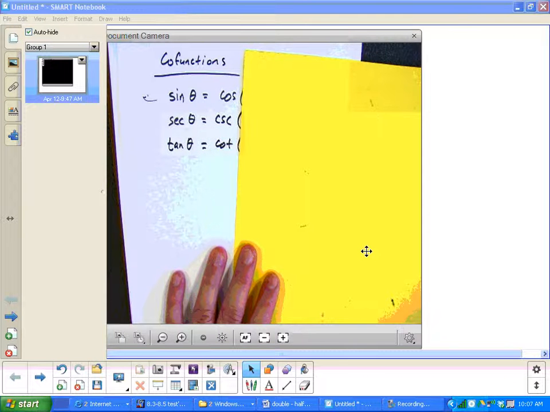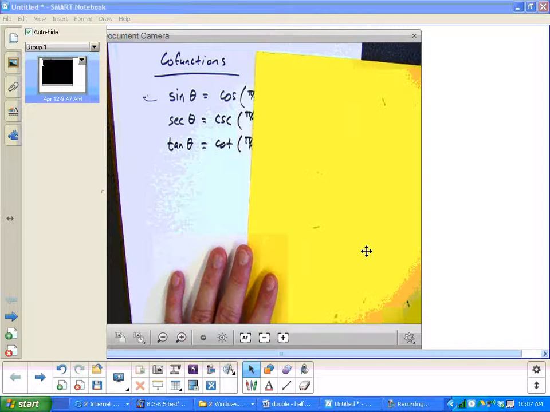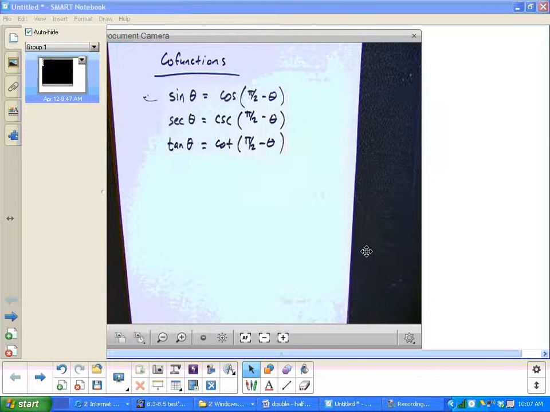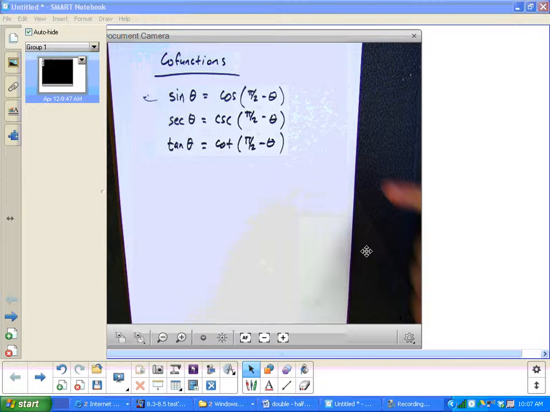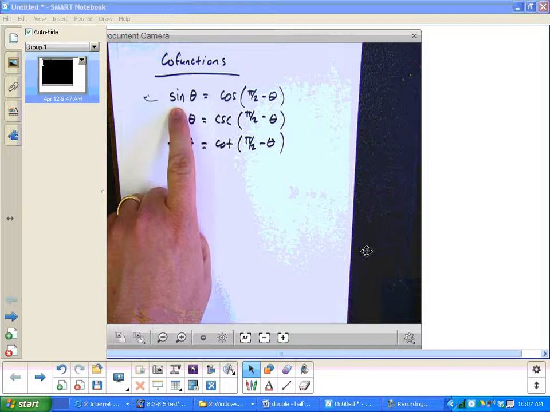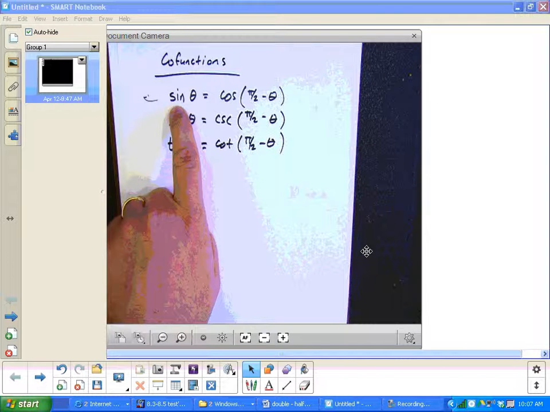Now I'm going to have it written in radians though. Pi over 2. Okay, because usually once we get past this test on Tuesday, almost everything is just going to exclusively go to radians. Okay, so that's why I wrote them in radians here. All right, so the shortcut here is this. When I see this written, I'm just going to write that instead, and that's going to be much easier to deal with.